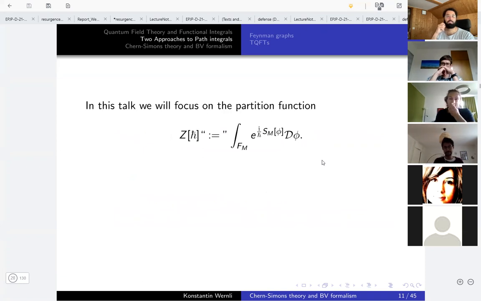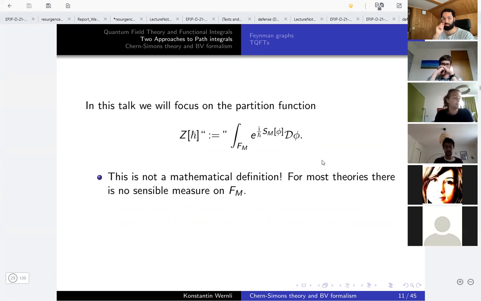So today I'll talk about this object here, the partition function, which, as I said, I've hinted at a couple of times now. I'm putting colon equal, but this is not actually a mathematical definition, for the reason that usually there isn't a sensible measure on this space of fields, right?